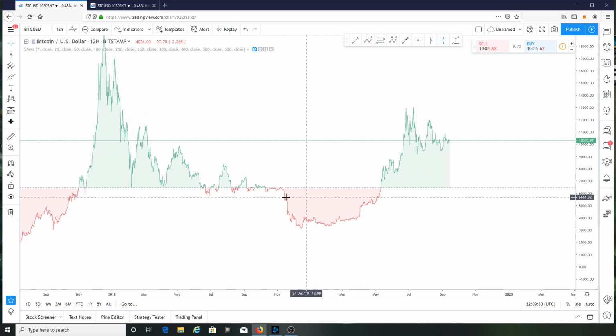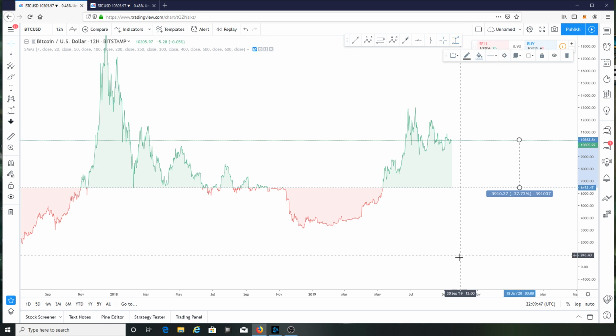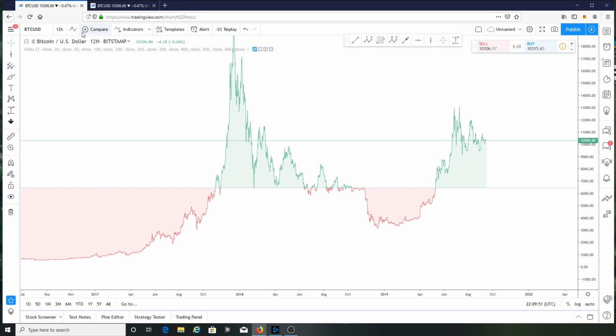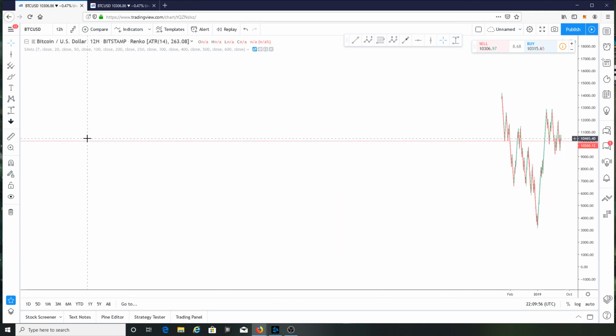However, if this is what you use as a basis to sell on or buy on as far as a crossover means when it changes colors to go from red to green, then you'd be missing out on about $4,000 worth of trading of potential profit. So I'm not too familiar with the baseline. I don't think anybody really uses it, to be honest.